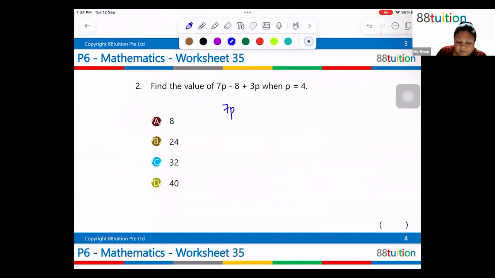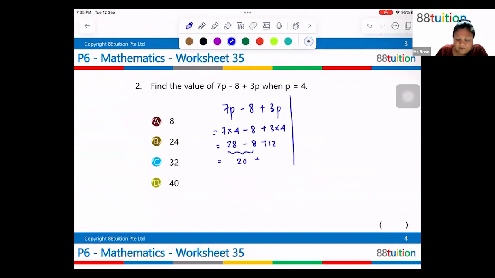So you have 7p minus 8 plus 3p. While you can straight away do this, 7 times 4 minus 8 plus 3 times 4 to give me 28 minus 8 plus 12 equals to 20 plus 12, which is 32.